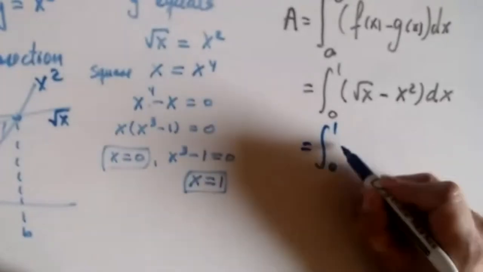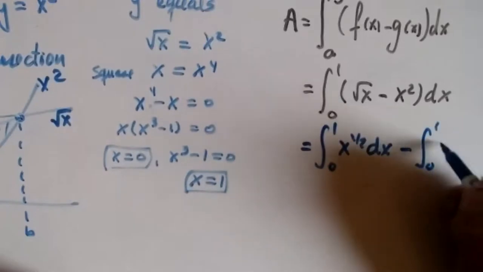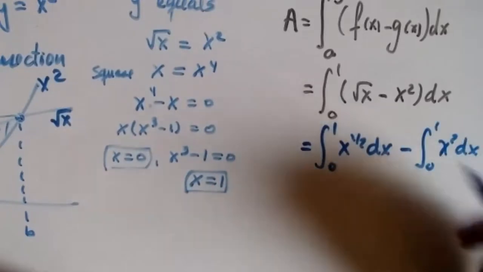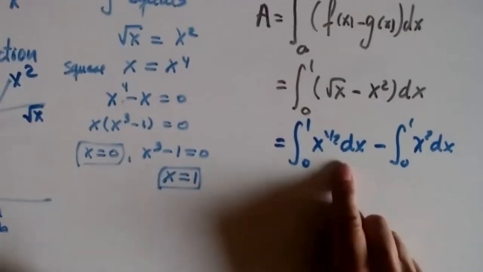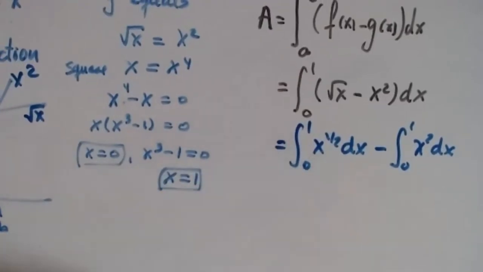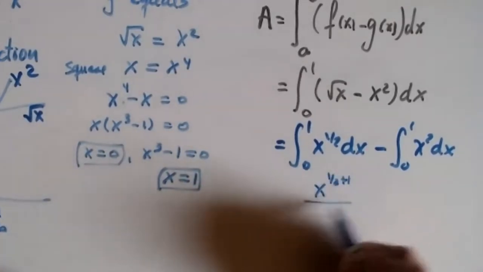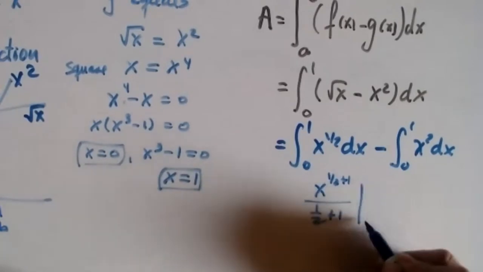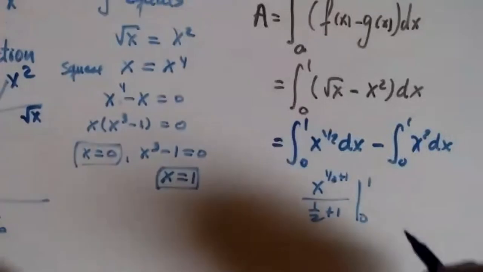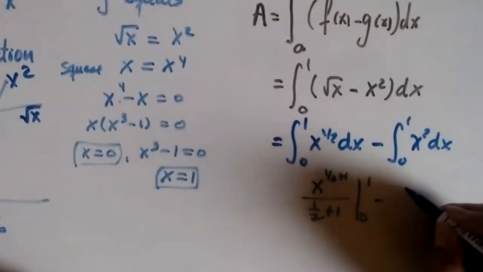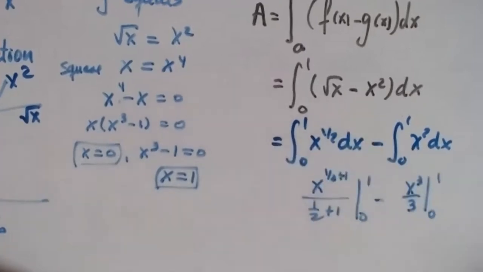So it's the integral 0 to 1 x to the 1/2 dx minus the integral 0 to 1 x squared dx. So that's my algebra, right? And then you use the power rule to do this one. So this is x to the 1/2 plus 1 over 1/2 plus 1 evaluated from 0 to 1, right? And this is the integral x cubed over 3 from 0 to 1.